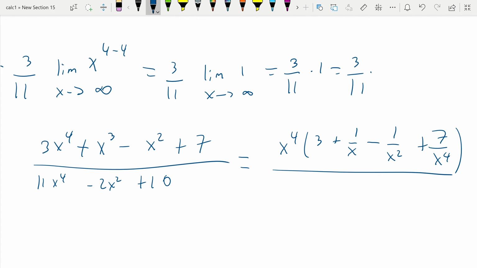We'll do the same thing with the denominator, and we get x^4 times 11 minus 2 over x^2 plus 10 over x^4.